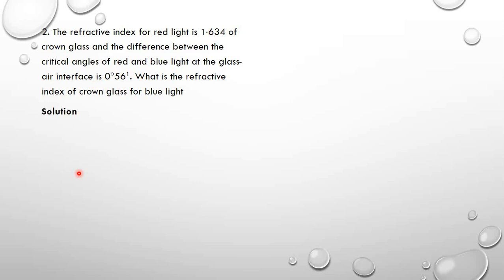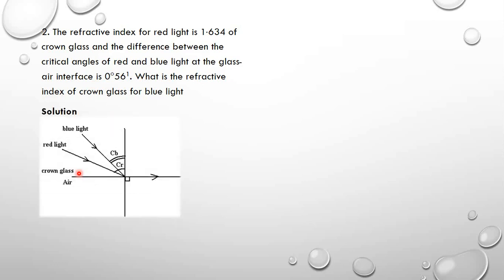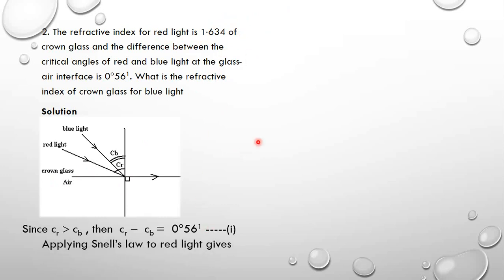So let's get this. We are seeing that the critical angle for the red light is greater than the critical angle for the blue light, which implies that the difference here is going to be C_R minus C_B, which gives us 0 degrees 56 minutes. And also we are going to apply Snell's law for the red light, since we have the refractive index of the red light.